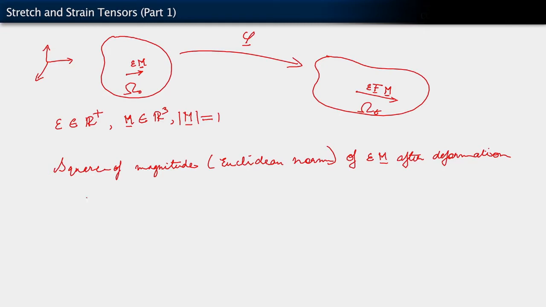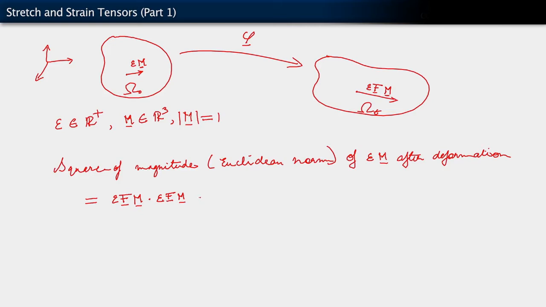We have this quantity that we're talking about is simply the following, epsilon F m dotted with itself. Now, what I'm going to do is to write this out using coordinate notation.